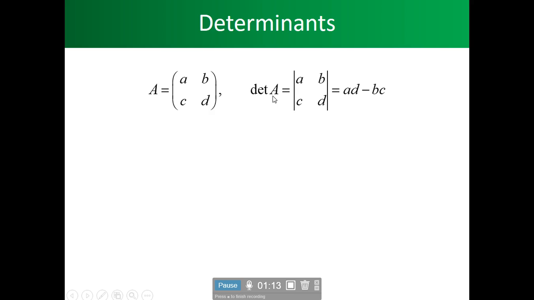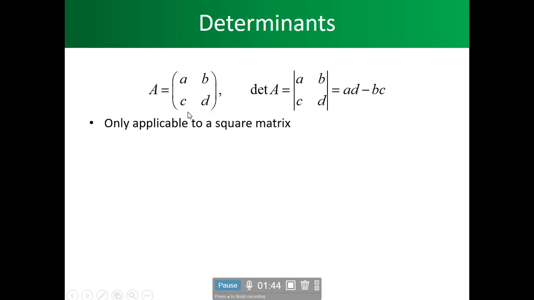When we talk about the determinant of A, we have the absolute value notation, and the result is going to be a whole number. We multiply the diagonal, A times D, and then we subtract the off diagonal, B times C.